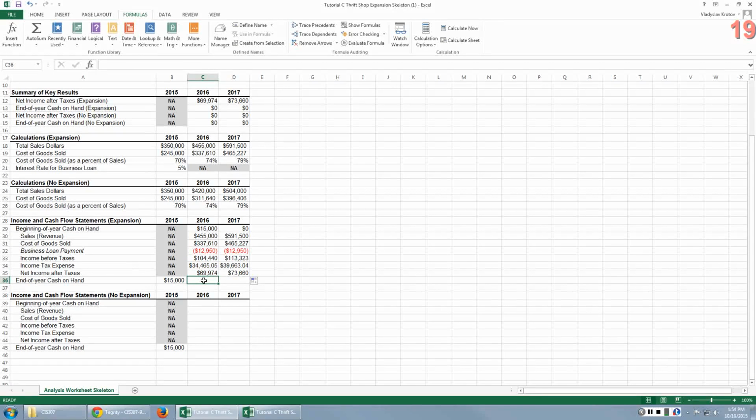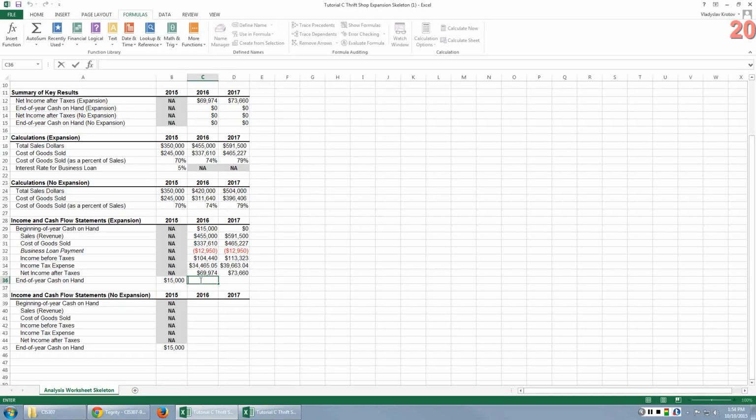Okay. And then what would be your end of year cash on hand? Now think about it. In the beginning, you had $15,000 in cash. And then as a result of selling those goods and paying your suppliers, meaning people who bring the items to your thrift shop, and also making a cash outlay for the payment, because all those things are on cash basis. It's assumed for simplicity.